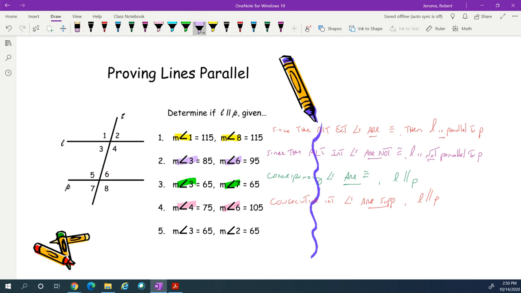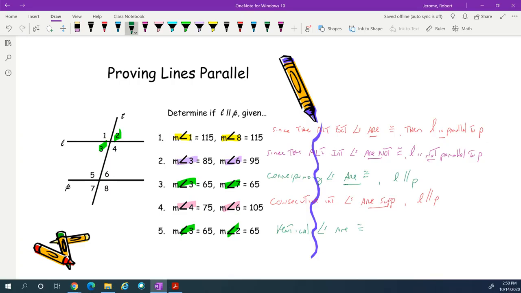And let's see what we have left over here. 3 and 2. 3 and 2 are vertical angles. Vertical angles. They are congruent. But that has nothing to do with parallel lines.